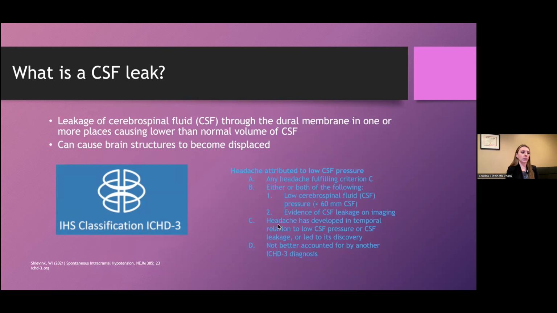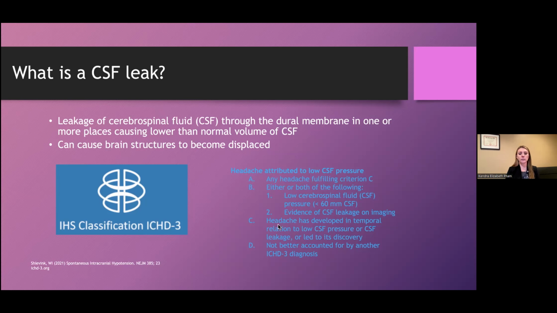And so we turn to the International Classification of Headache Disorders, 3rd edition, which is where all of the different headache disorders and their diagnostic criteria are listed. And CSF leak is under the category called secondary headaches. In particular, there's a part that talks about pressure disorders of the cerebrospinal fluid. So that's where this lies.